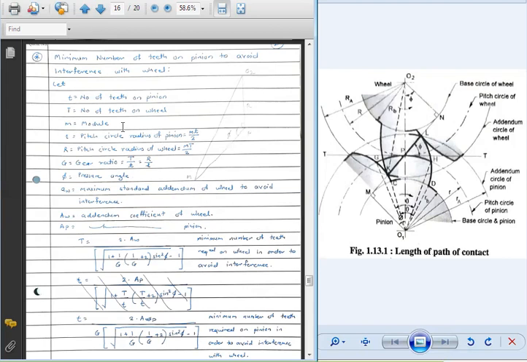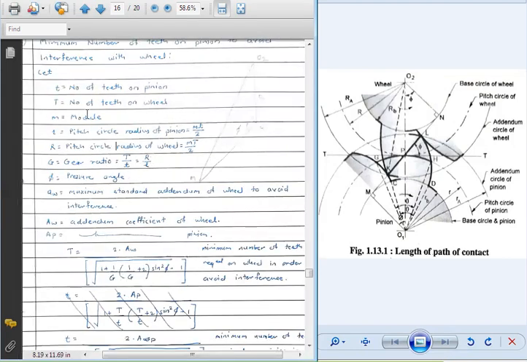So for that, in particular, the formula we have is: small t is the number of teeth on the pinion. Capital T is the number of teeth on the wheel. M is the module, that is what we had discussed in the terminologies. Then small r is the pitch circle radius of the pinion.